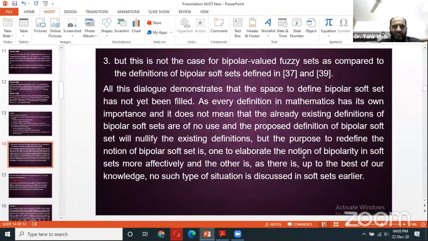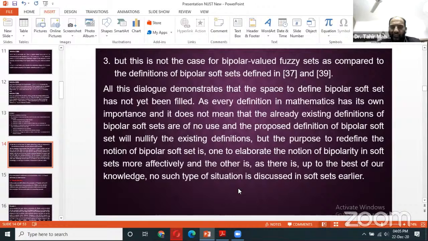Number 3, but this is not the case for bipolar valued fuzzy sets as compared to the definition of bipolar soft sets defined in 37 and 39. All this discussion demonstrates that the space to define bipolar soft set has not yet been filled, as every definition in mathematics has its own importance, and it doesn't mean that the already existing definitions of bipolar soft sets are of no use, or that the proposed definition of bipolar soft sets will nullify the existing definitions.